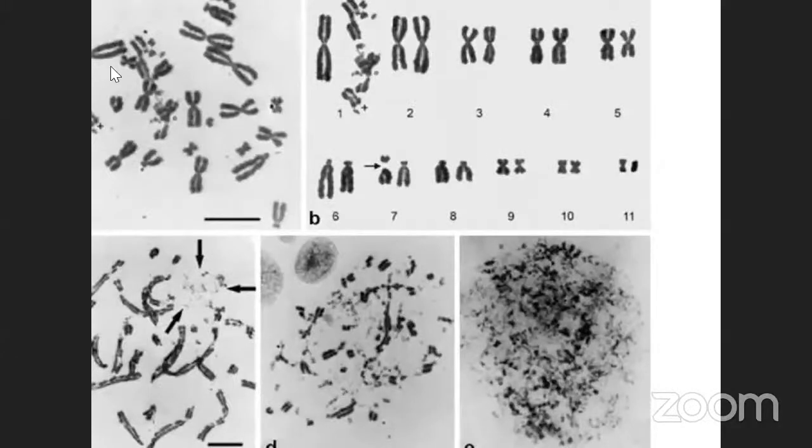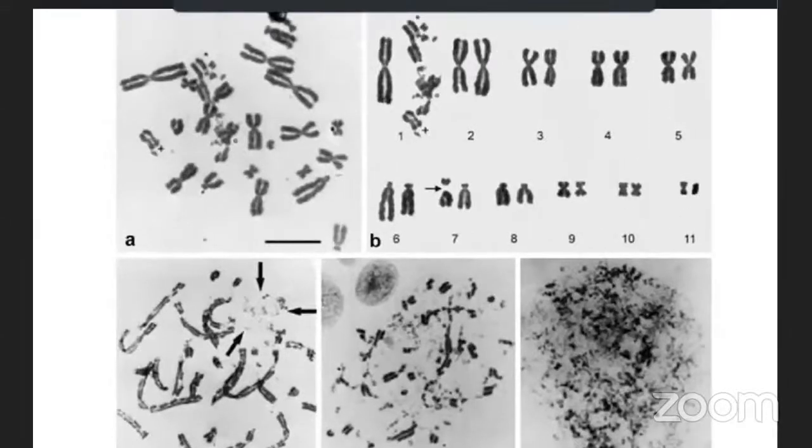I'm trying to share one picture right now with you, if possible. Just a second. Share screen. Right. So this is how under a slide you can see different kinds of metaphase chromosomes.